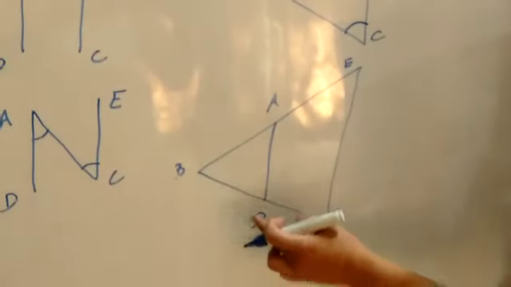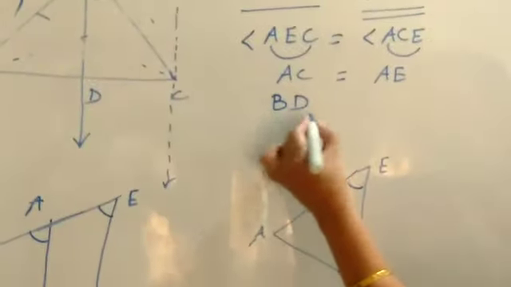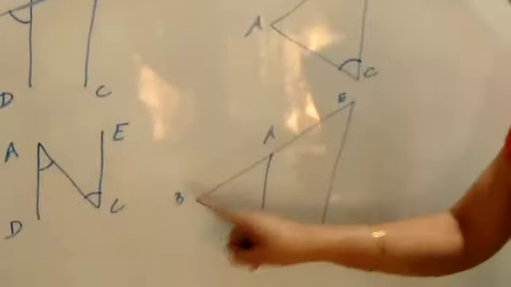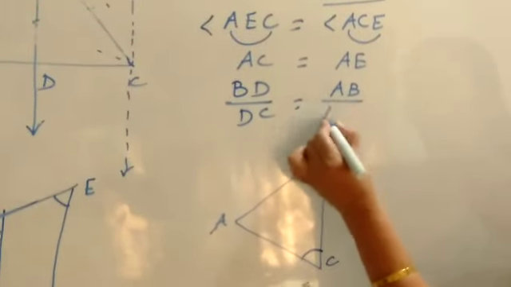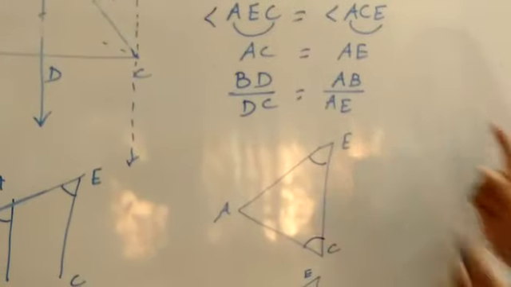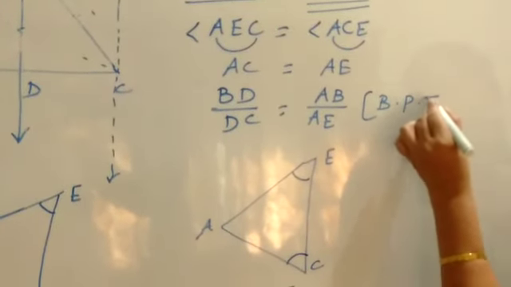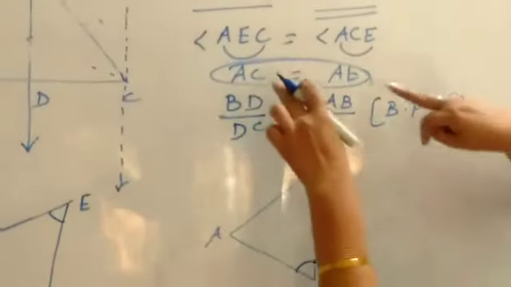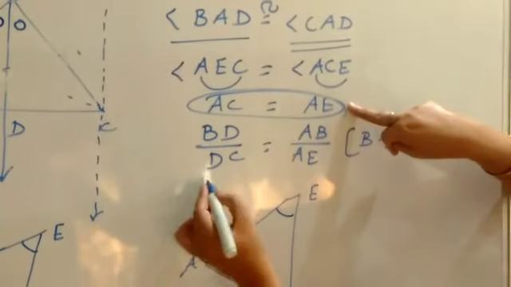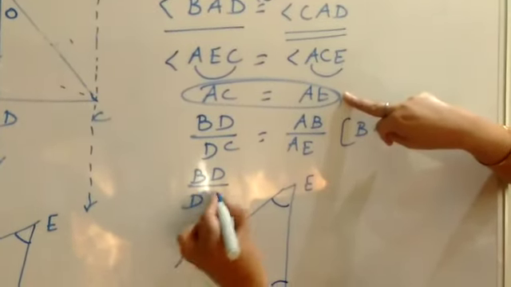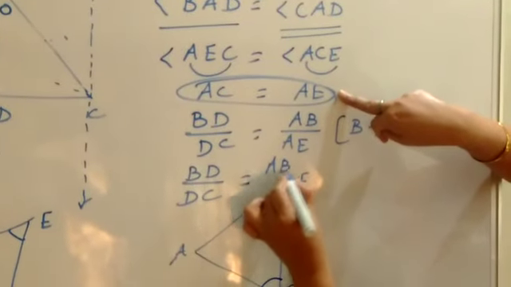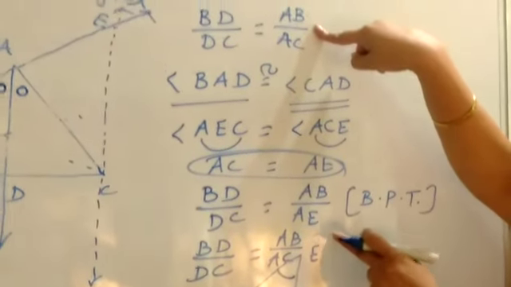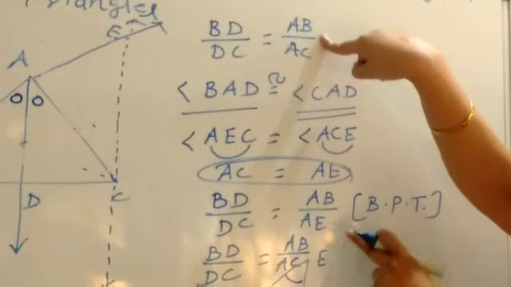BPT is BD upon DC is equal to AB upon AE by using the basic proportionality theorem. But here we have already proved that AE is AC. So BD upon DC is equal to AB upon AC. Thus here we proved the angle bisector theorem of an angle of triangle.